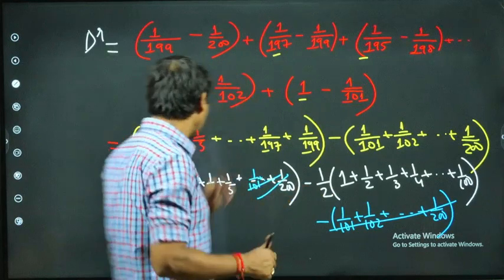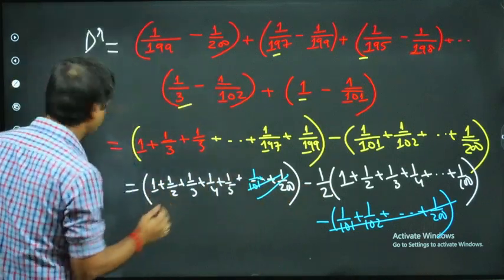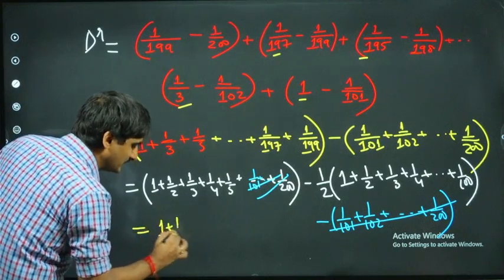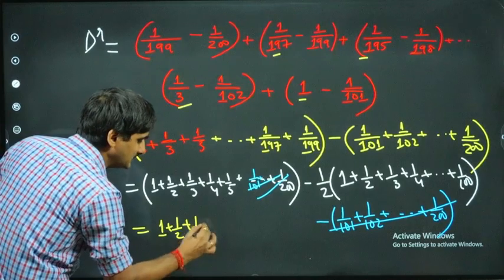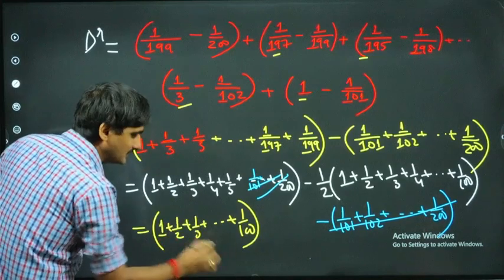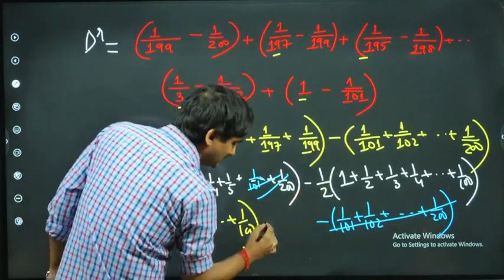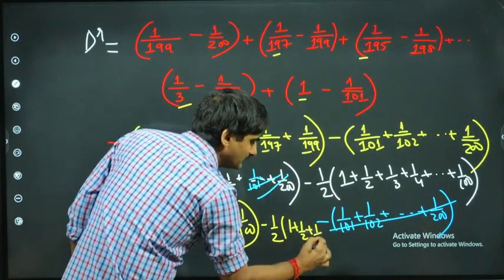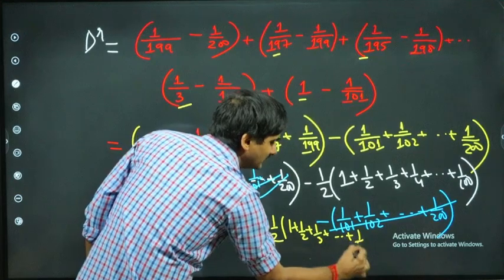So those numbers will get cancelled. What does that mean? That simply means what we have left in the first term is 1 plus half plus 1 by 3 and till 1 by 100. I think all of you will agree. And the remaining one is minus half times 1 plus half plus 1 by 3 till 1 by 100.